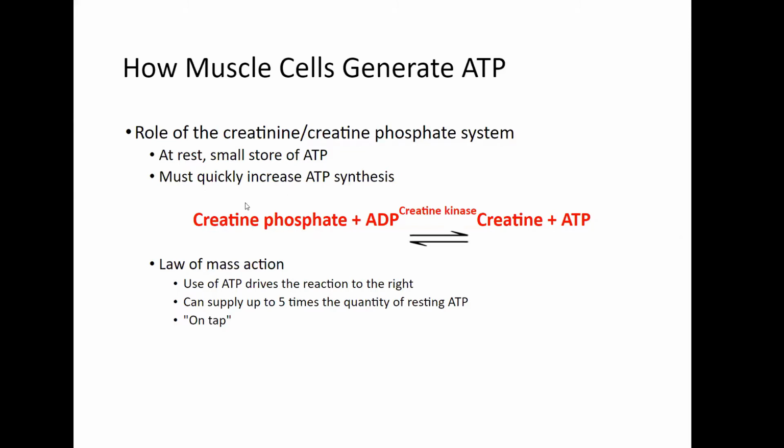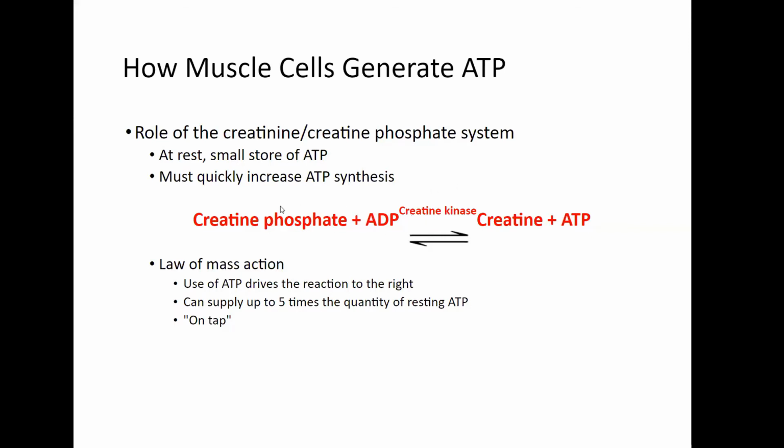When your muscle cell is at rest, we have this equation that's at equilibrium. You have a certain amount of creatine phosphate. You have a certain amount of ADP floating around in your cell. And you also have this molecule creatine and this molecule ATP floating around in the cell. So nothing in particular is happening on net with this reaction when you're at rest because it's in equilibrium.